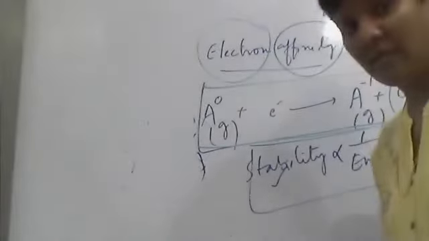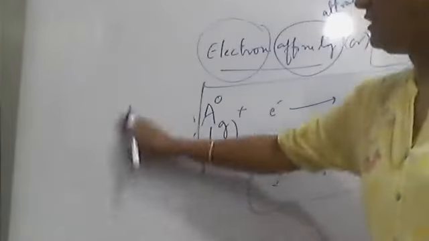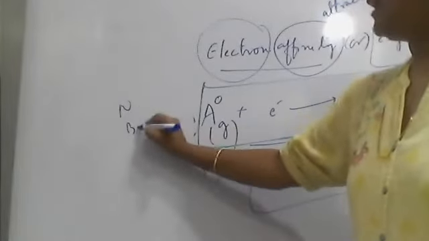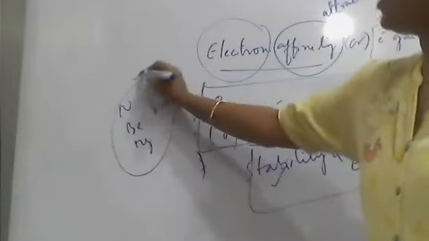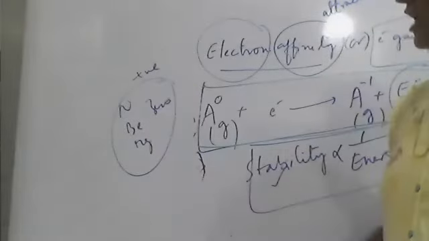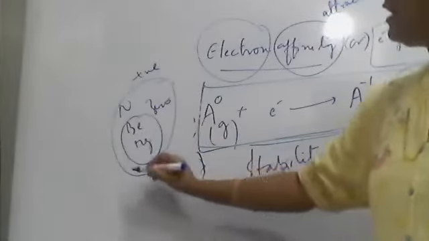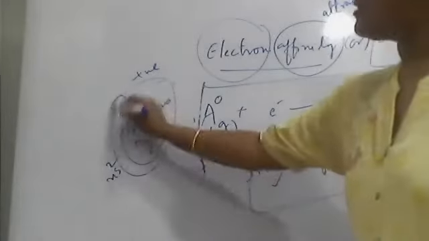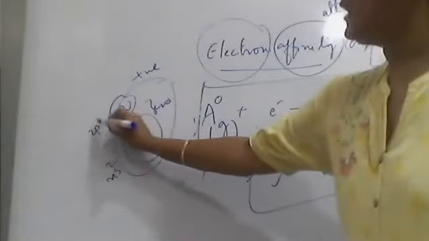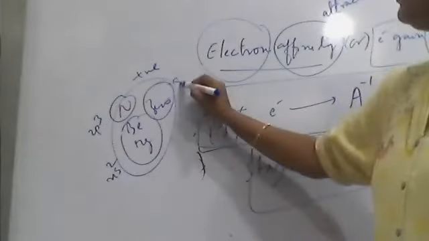If you go for IIT or AIIMS, see here: nitrogen, beryllium, magnesium, and all the zero group elements have positive, highly positive values, because beryllium and magnesium have an ns2 configuration with paired electrons. But nitrogen has a half-filled 2p3, and zero group elements have an octet.